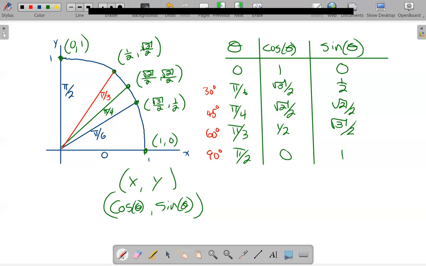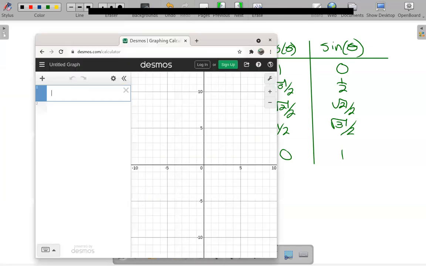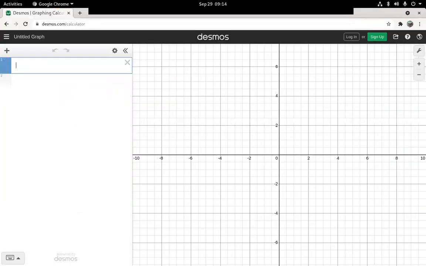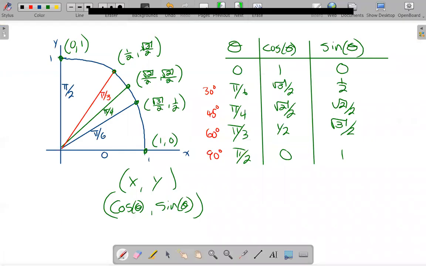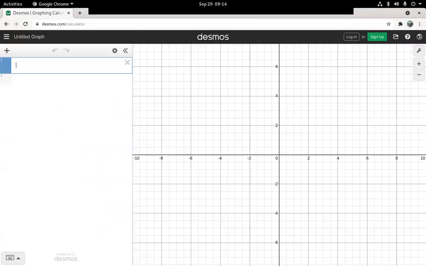So let's confirm one of these on a calculator just for fun. I'm going to whip out the Desmos calculator here and use the graphing version. So on my picture, I claimed that the y value at pi over 3 is square root of 3 over 2. So the sine of pi over 3 should be equal to square root of 3 over 2. Let's see if Desmos agrees with that.